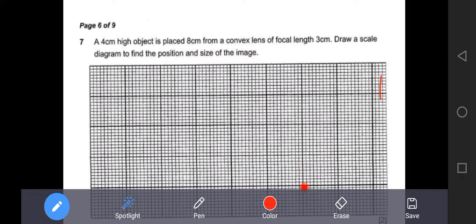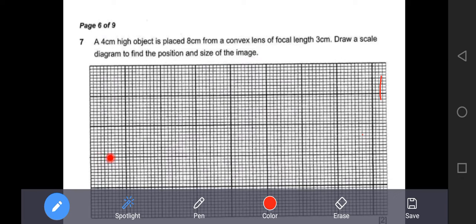Are you able to see my pointer? Yes, I can see. If you start at 0, this is 1, 2, 3, 4, 5, 6, 7. Let's place it again. We start from here: 1, 2, 3, 4, 5, 6, 7, 8.